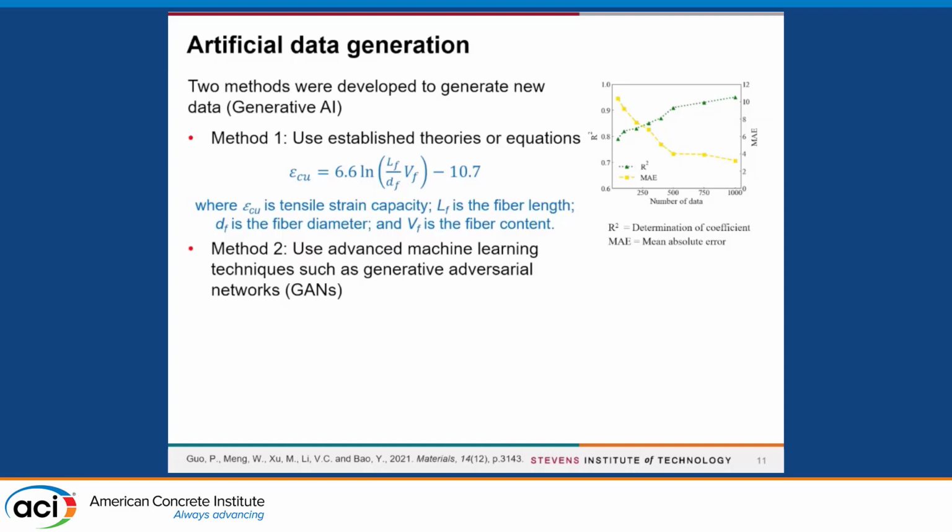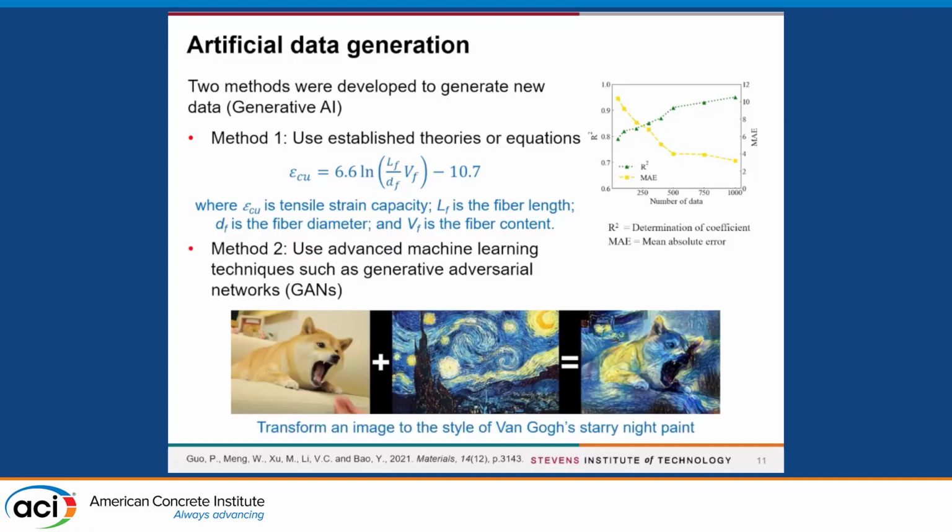And the second method, we use advanced machine learning techniques, such as the GAN model, to transform the existing real data into artificial data. The idea is similar to transforming an image to the style of Van Gogh's Starry Night painting. So we use a new image to generate some artificial image.